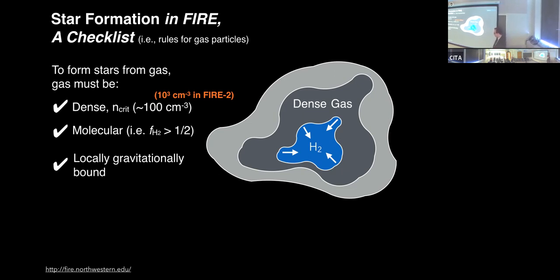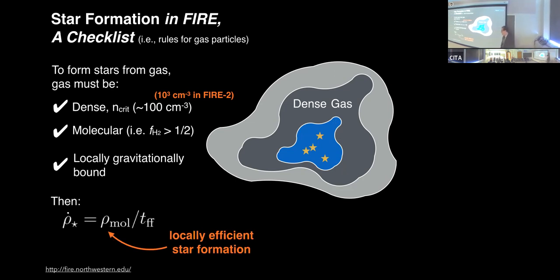If you meet all these criteria, then locally at the gas element level, you're 100% efficient per your local free fall time. So again, this is at the very base level of the code. It says, if a gas particle can collapse, 100% of that gas particle can turn into stars on its own free fall time. Now, for these galaxies as a whole, they end up being inefficient.